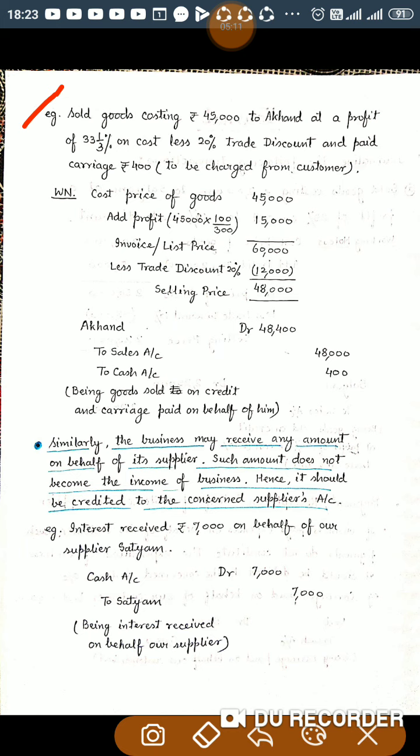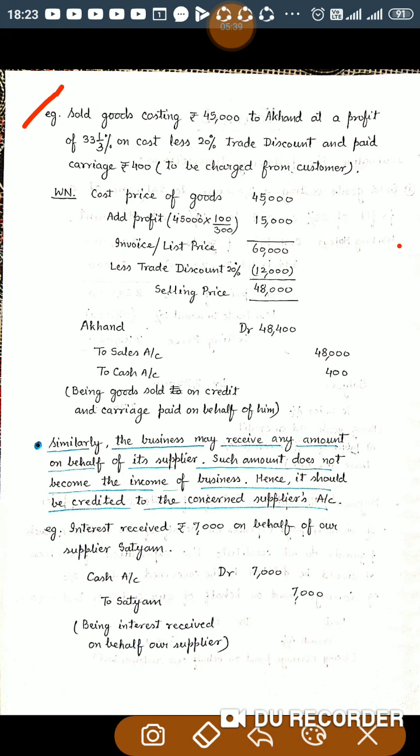Now in this transaction, we are selling goods to Akhand and there is no cash involved, so it is a credit transaction. We also paid carriage to deliver that goods to Akhand's business house, but that carriage should be recovered from Akhand as a customer.